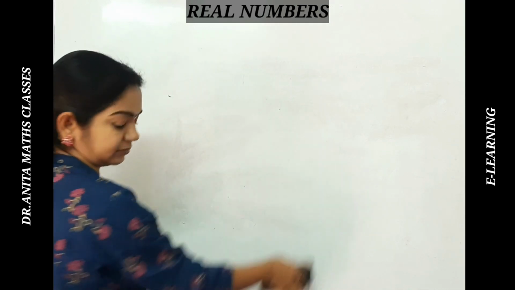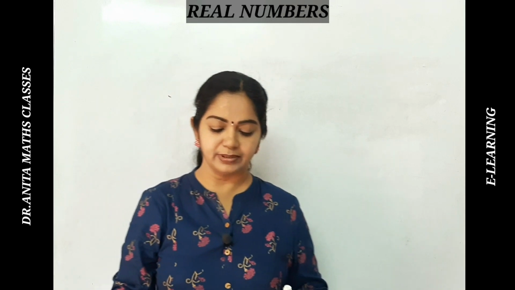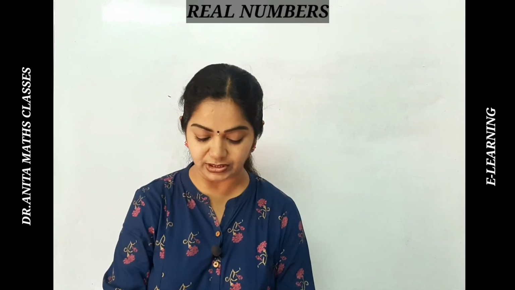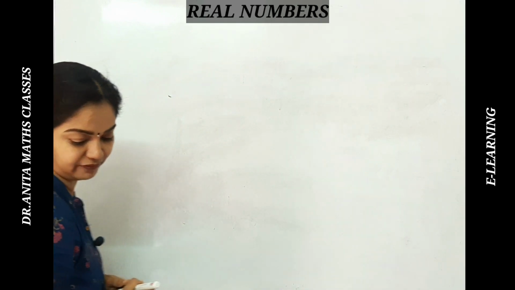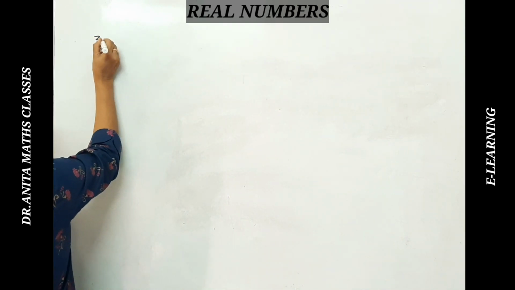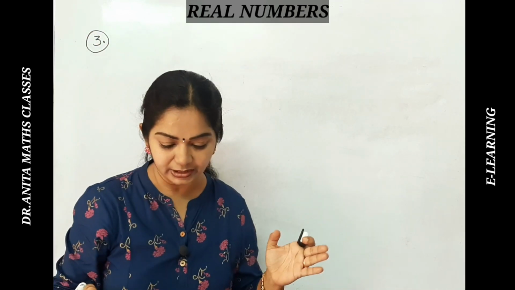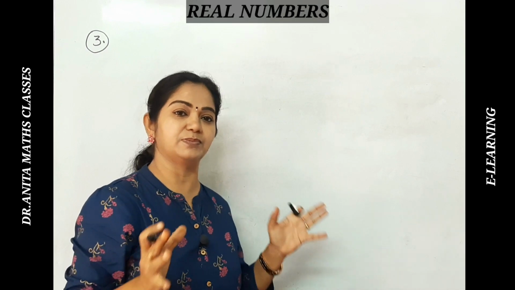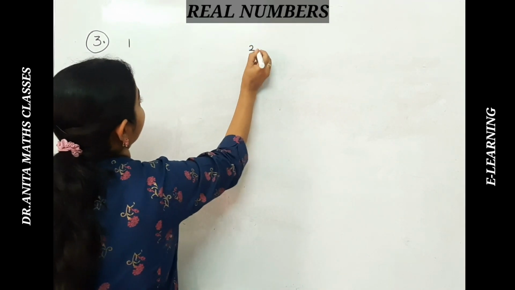The fourth one is also to insert 3 rational numbers between 3 by 5 and 1 by 5. So here, the third one is to insert 5 rational numbers between 1 and 2.